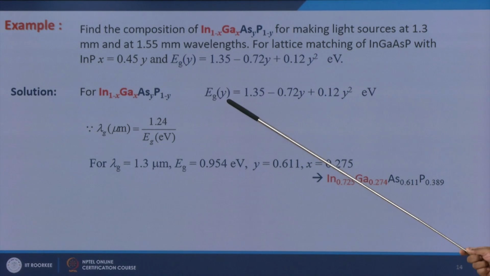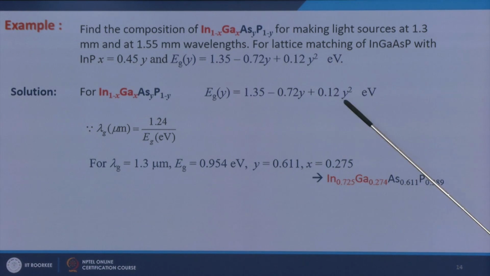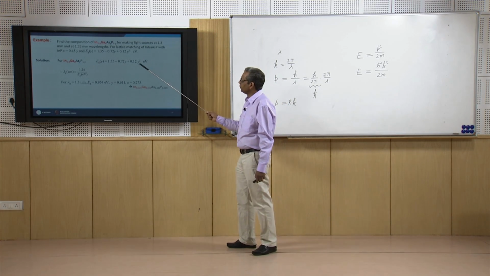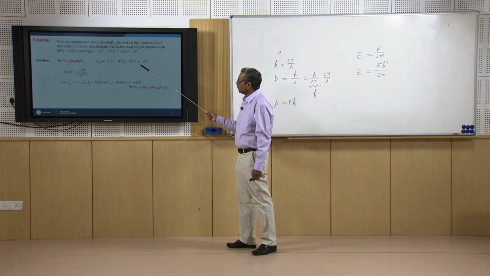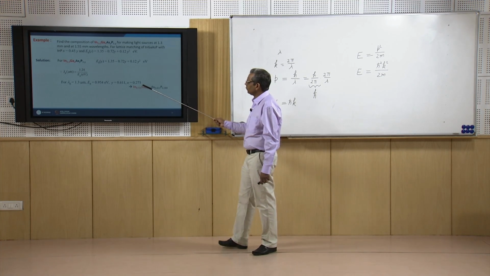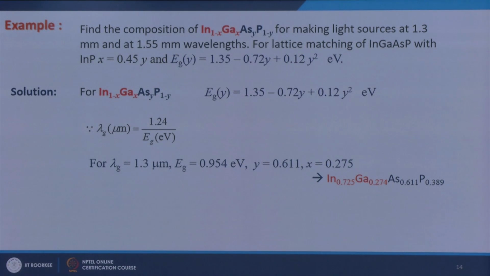If I put it back into this equation, this is a quadratic equation, I can solve it and get the values of y. This will give you of course two values of y, and you will have to discard the value which is larger than 1, because y is a fraction, it cannot be greater than 1. The other value comes out to be 0.611, and it gives you x is equal to 0.275, because x is equal to 0.45 y.